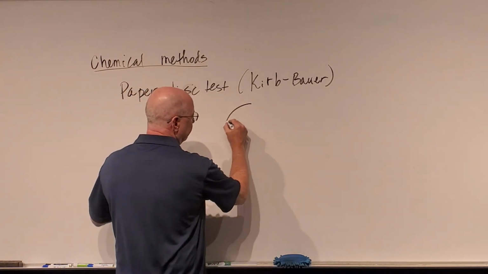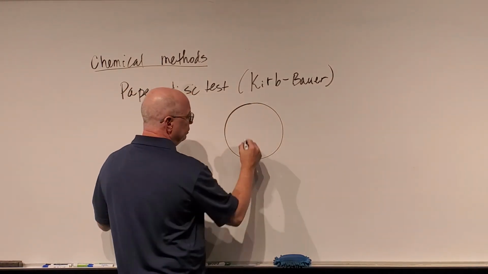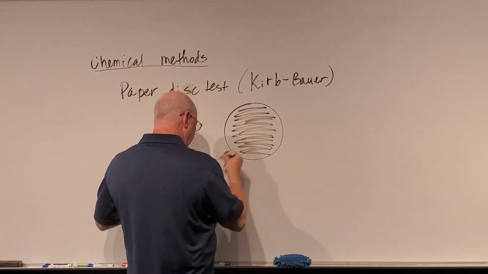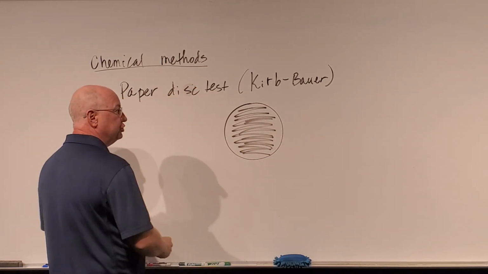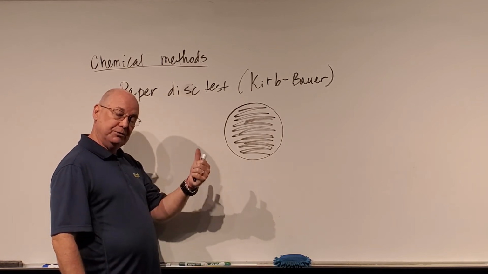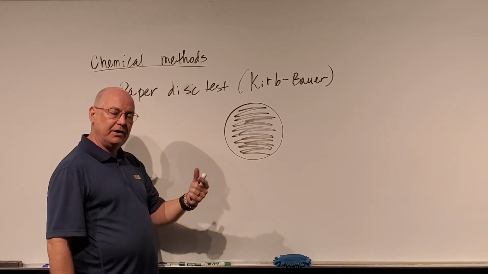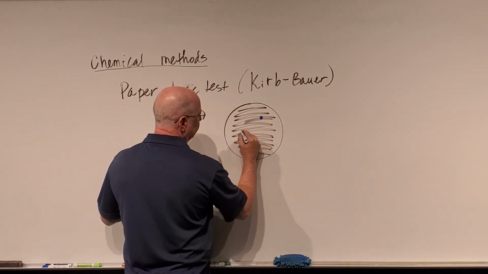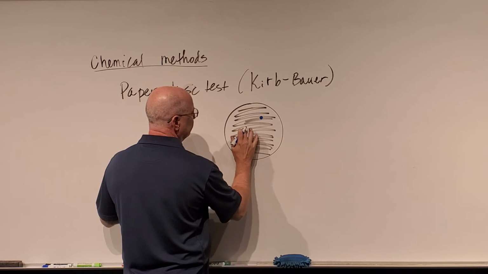And essentially what happens here is you have a plate of bacteria and they're growing. And you take these little paper discs that are soaked in whatever agent you're interested in studying, a particular antibiotic or antiviral.